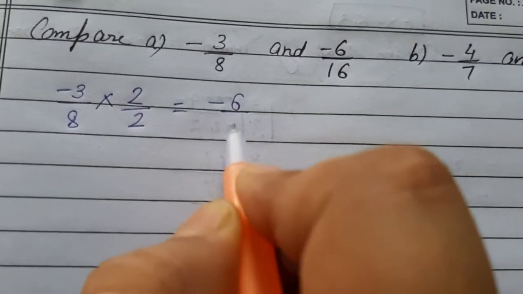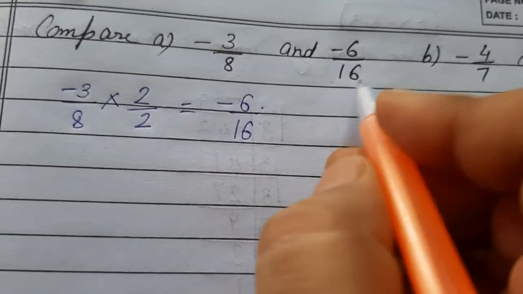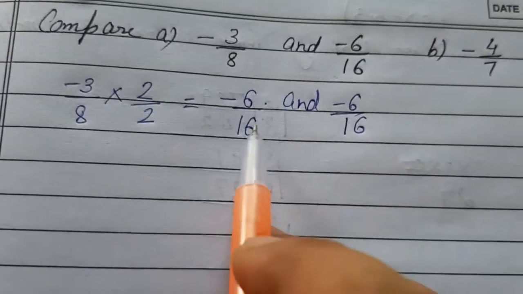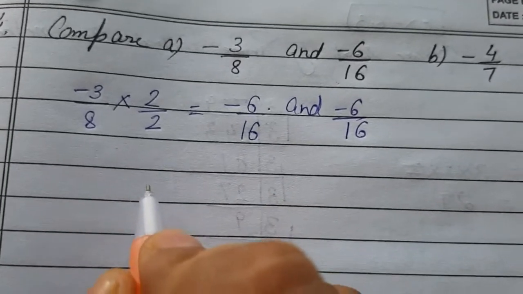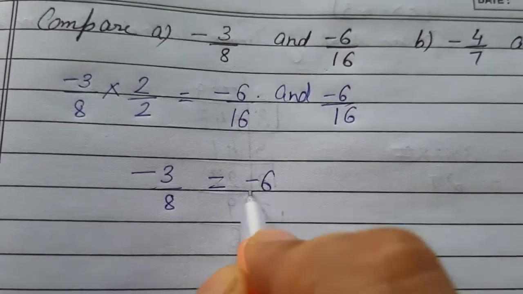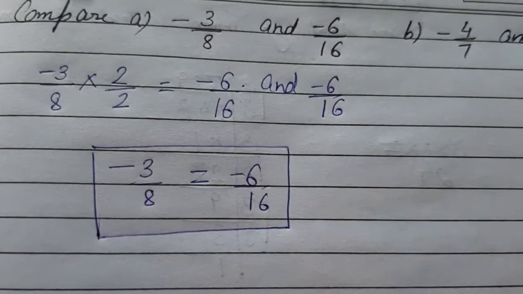So it will come out to be minus 6 by 16. See, this number minus 6 by 16 and this number is again minus 6 by 16. So both the numbers are same. It means both are equal. So you will write here minus 3 by 8 is equal to minus 6 by 16. So that comes the answer.